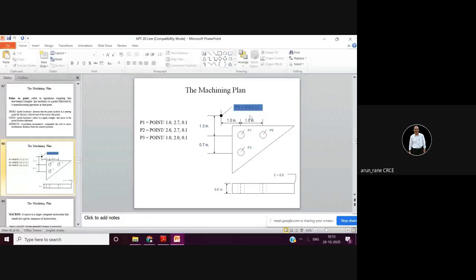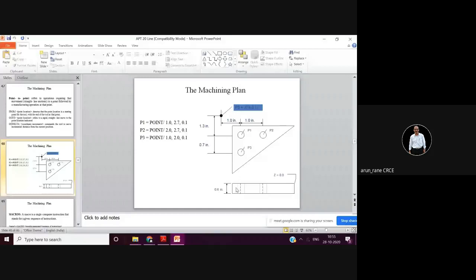Just have a look at this and try to understand it.